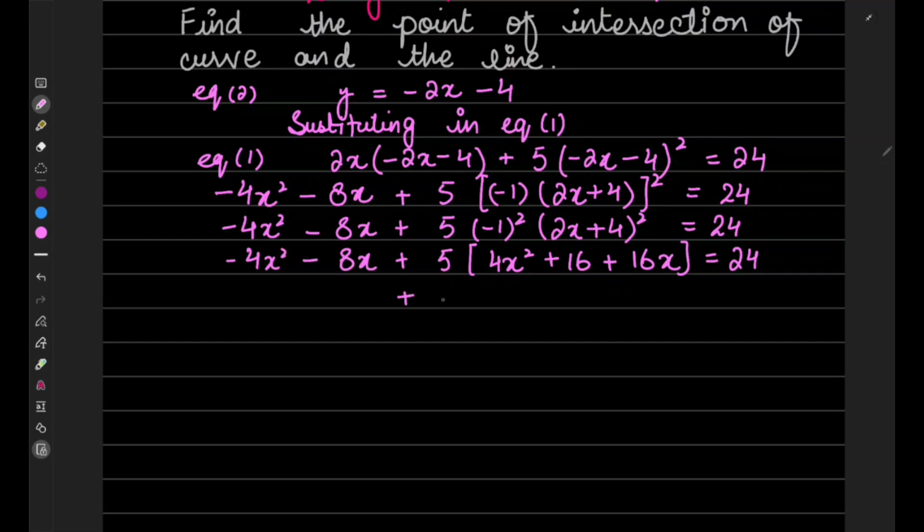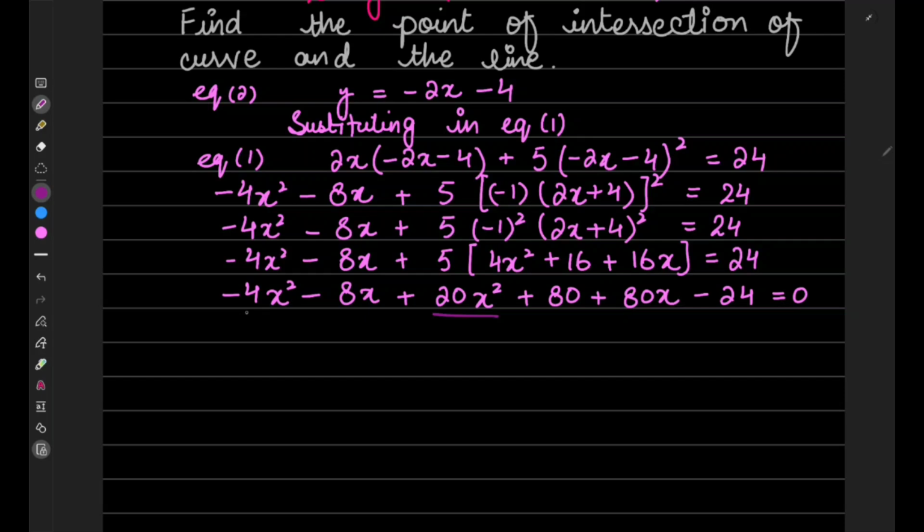Now just multiply it with 5. 4 times... 20x² plus 80 plus 80x minus 24 equals 0. Now we combine like terms.